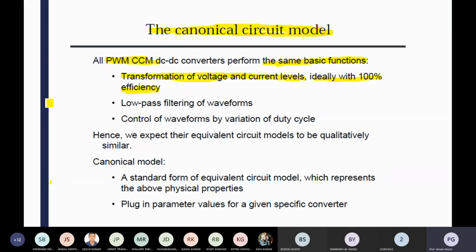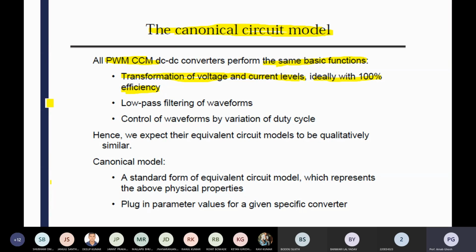I am in my third module. In our first module I discussed the different applications of switching converters and the efficiency level, and why we consider switching power supplies over linear power supplies.